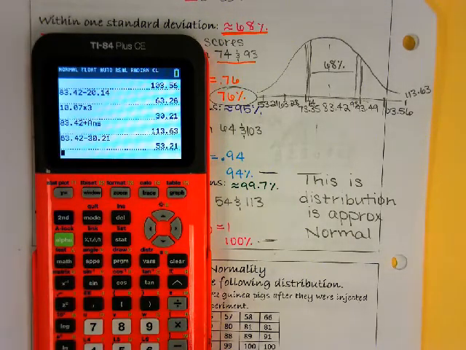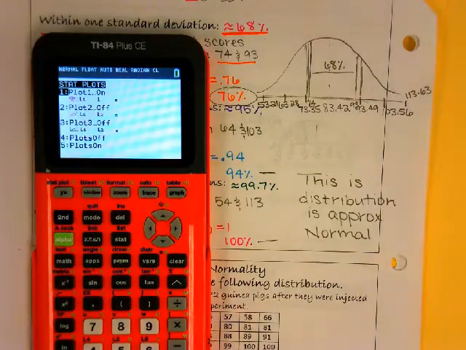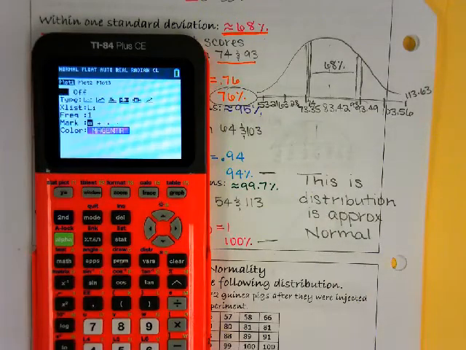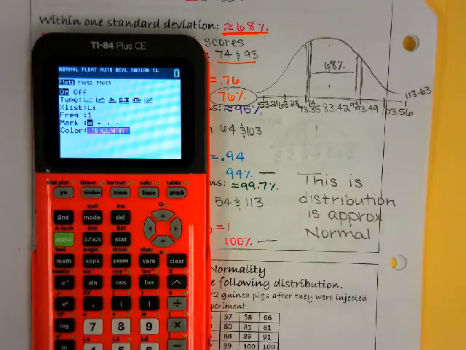Make sure it says it's on. And then when you go to the type, you're going to go to that very last icon. That's a normal probability plot. And yes, it is called a probability plot, even though we're not talking about probability. It's because we're working with percents.